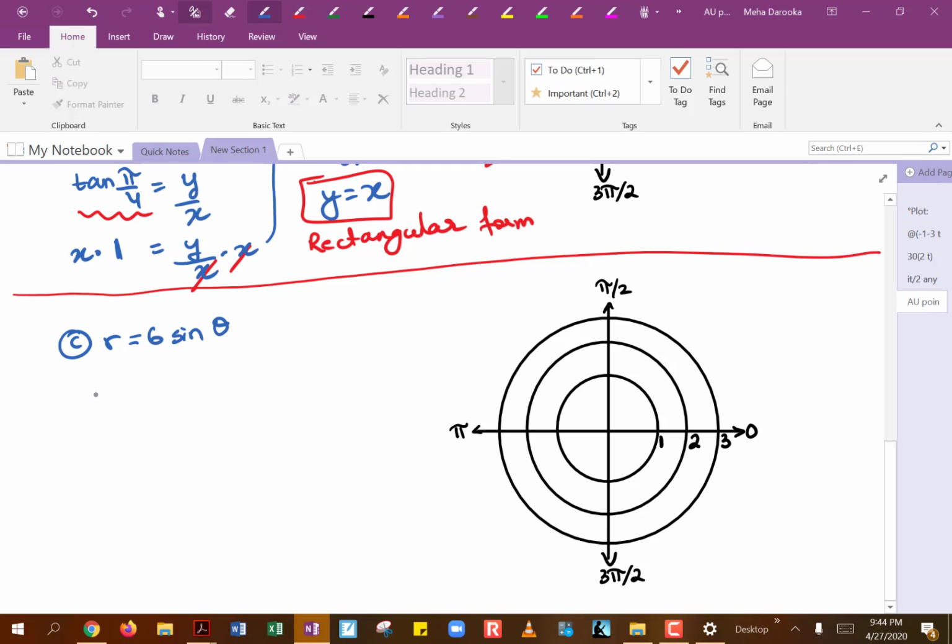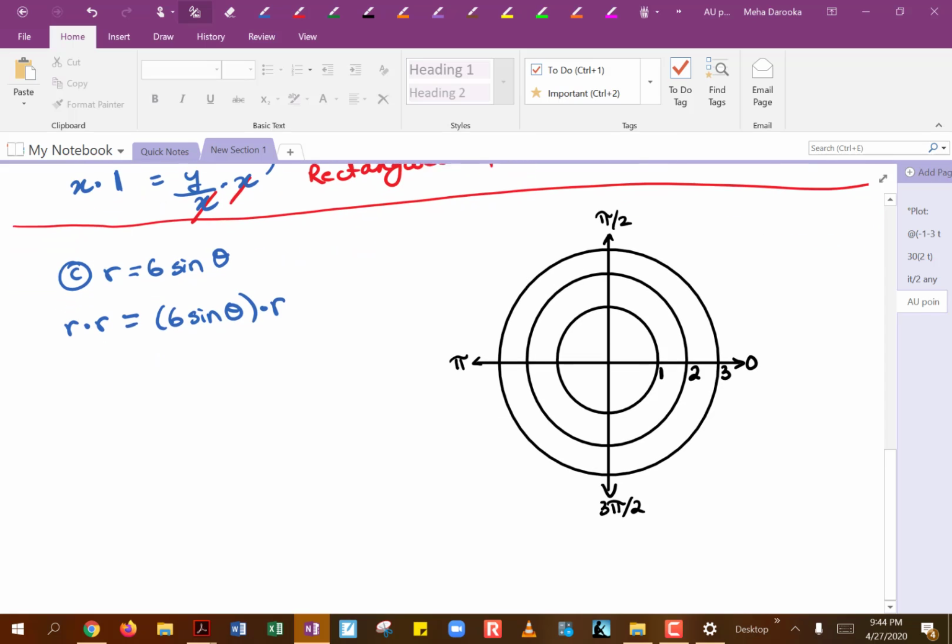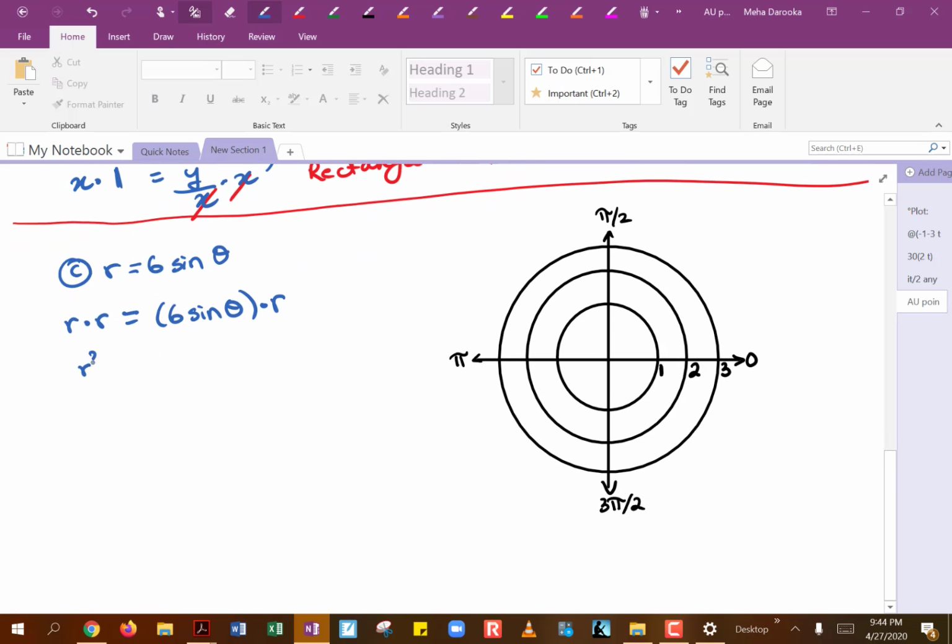So what we're going to do is we're still going to use that idea of r square on both sides, but instead of squaring the right hand side, r square basically means r times r. So you can think about it as multiplying both sides by r. You already had that original r and we're just multiplying it by another r, and to maintain that balance we are multiplying by r on the right hand side. So this will end up giving you r square on the left, 6 times r times sine theta.